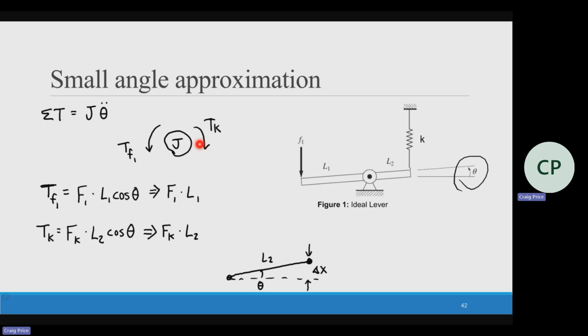Because we know that the spring force F sub k is equal to k delta x. Now it's fixed up at the top, so the only delta x it's going to see is right here. What is delta x? You can look at it as a right triangle.